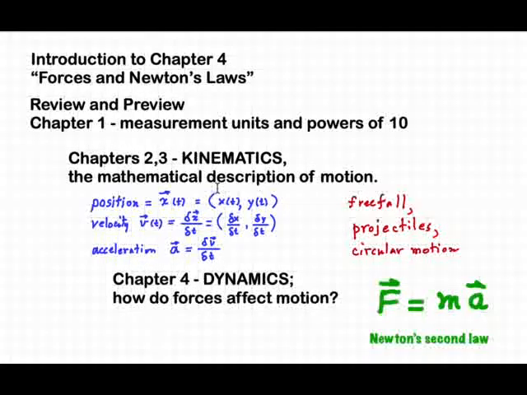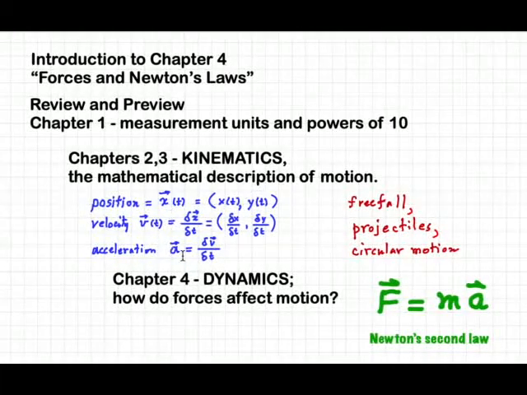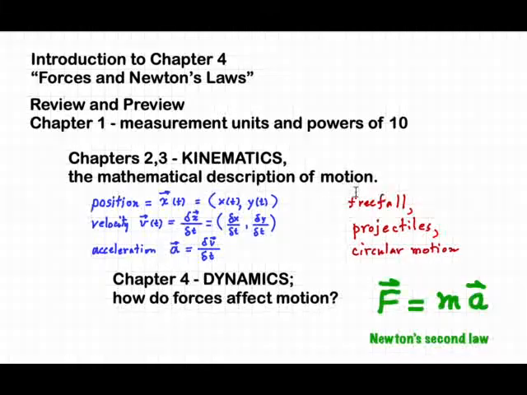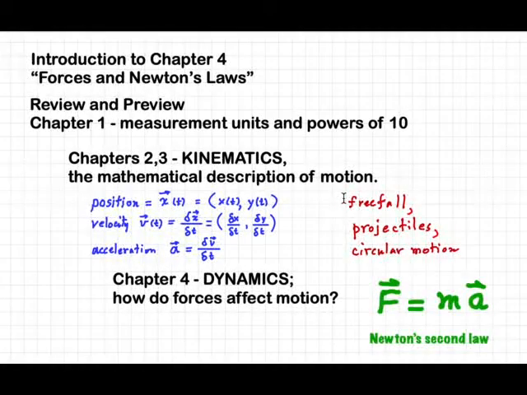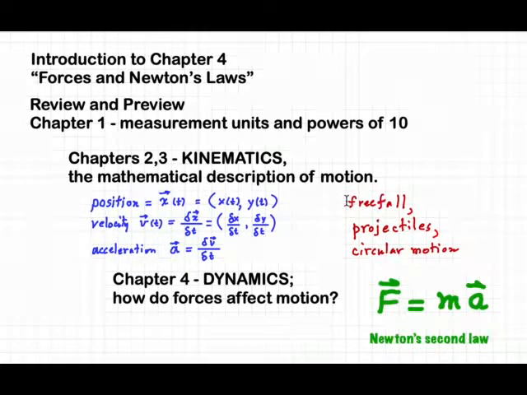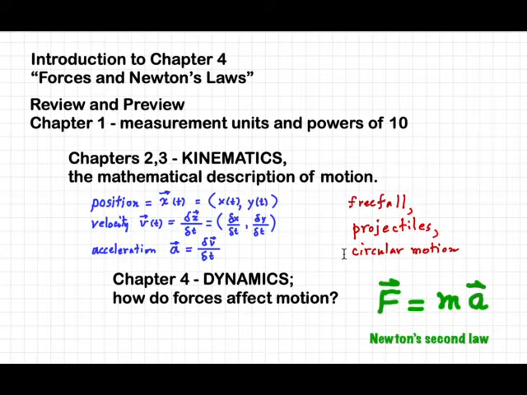Now, in Chapter 3, we applied these methods of kinematics to various kinds of problems. Free fall in Earth's gravity, projectiles, an object moving in Earth's gravity both horizontally and vertically, circular motion, where there is a centripetal acceleration.